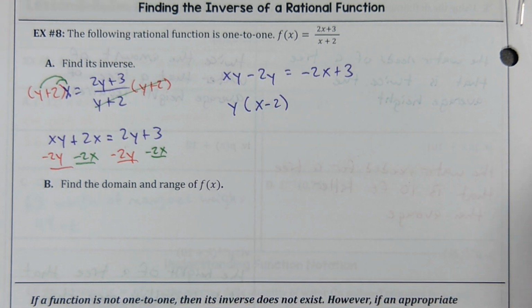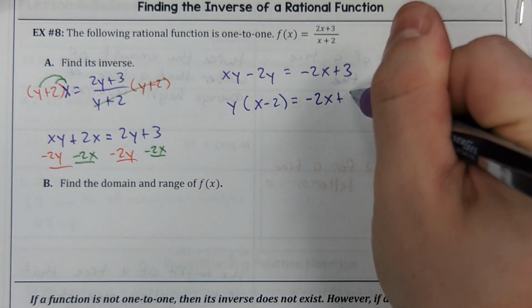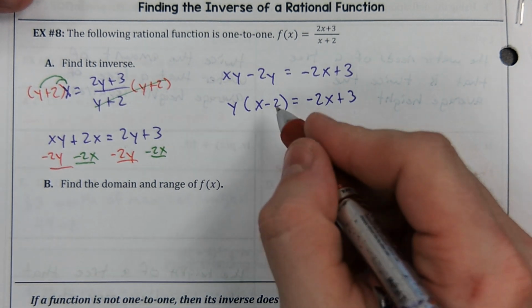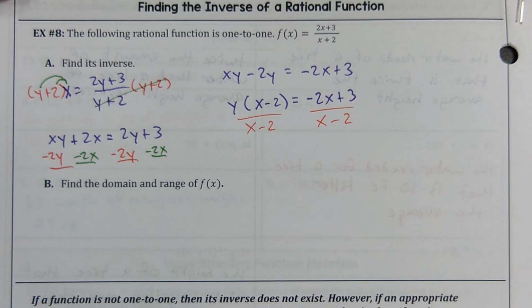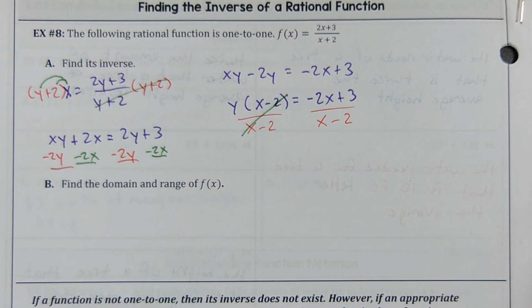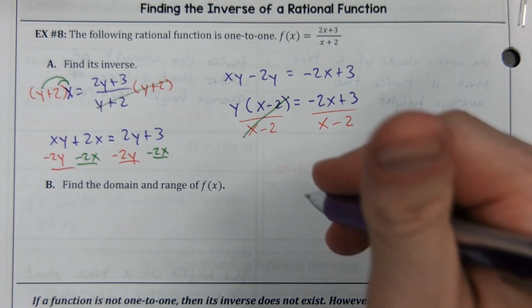So you still have a fraction on your hands. But if you factor it out, then you can divide and isolate y. At this point, you would divide both sides by the x minus 2. The y will be alone, and because f of x was 1 to 1, when I've isolated this y, I can call this f inverse of x now.